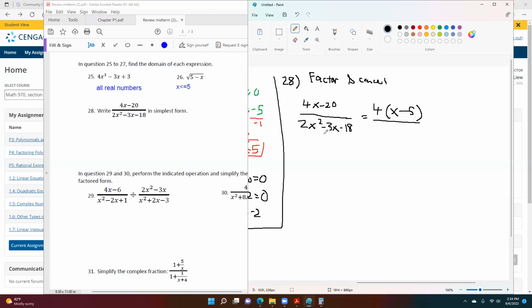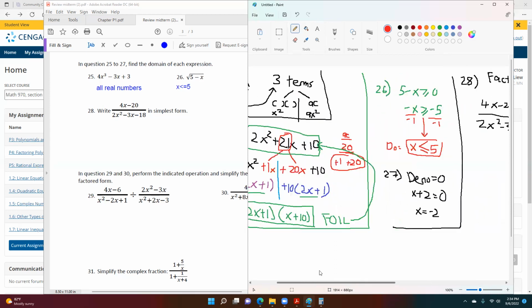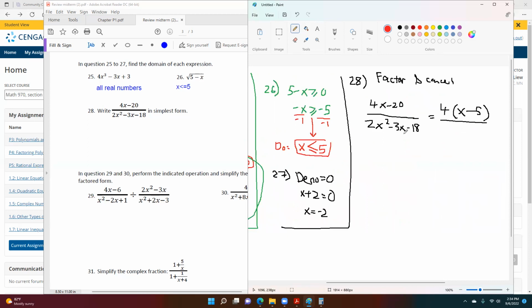All right, let's do this one. The denominator is a tricky one because, again, we are factoring, so we have to go back to the same rule, right? Is this in standard form? Yes, it is. Do we have a GCF for this?